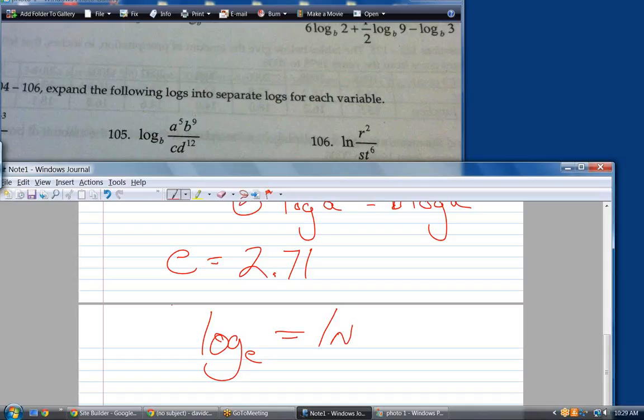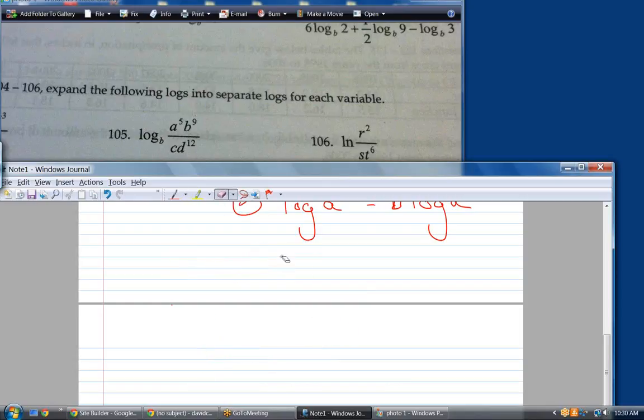Why it's significant: e is one of the most important numbers in mathematics, probably second only to pi. And it has tremendous applications when you take calculus. Everything is done in natural logs rather than common logs. So you'll run into this a lot. Don't be confused by it. It just means log base e, and it's written natural log. So you know the base of this is e.